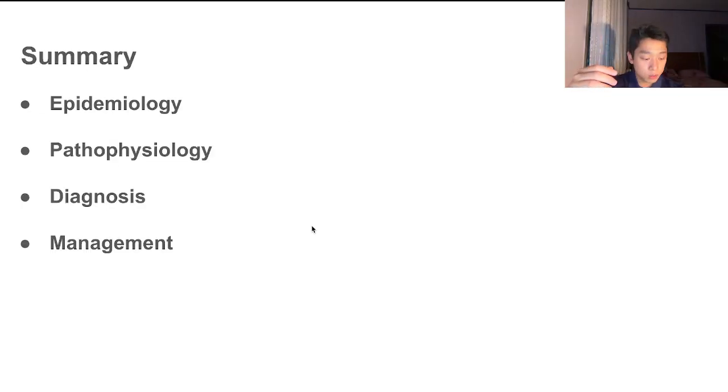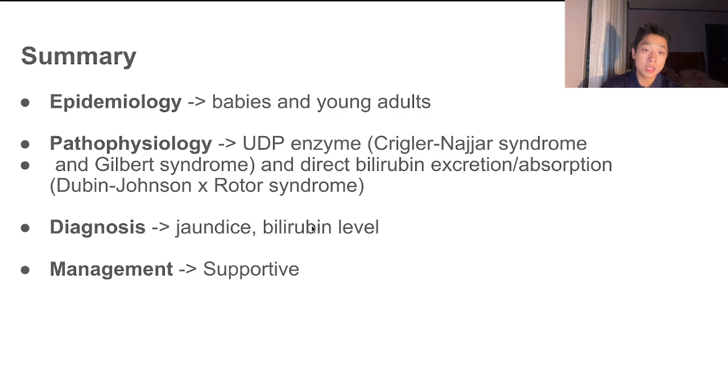To sum up all these characteristics, I like to go through each question about epidemiology, pathophysiology, diagnosis, and management. Talking about hereditary hyperbilirubinemia, we will have a higher incidence in babies and young adults. The pathophysiology could involve two mechanisms.